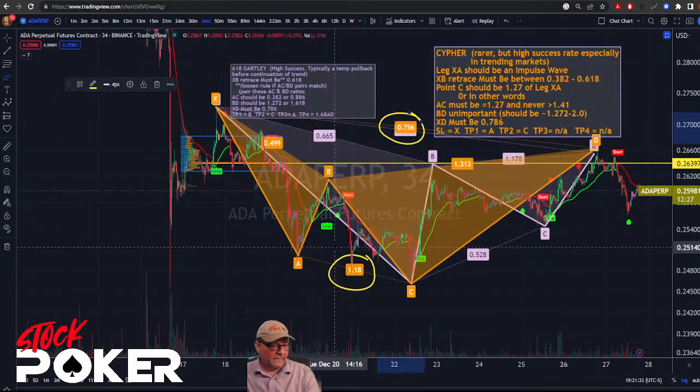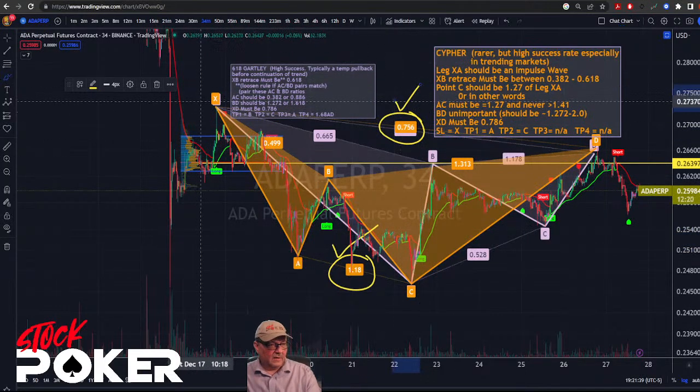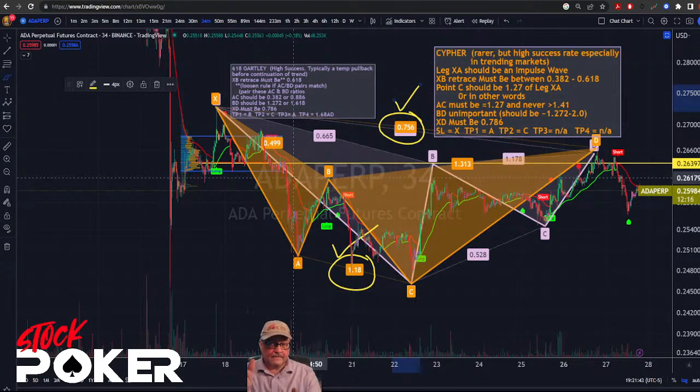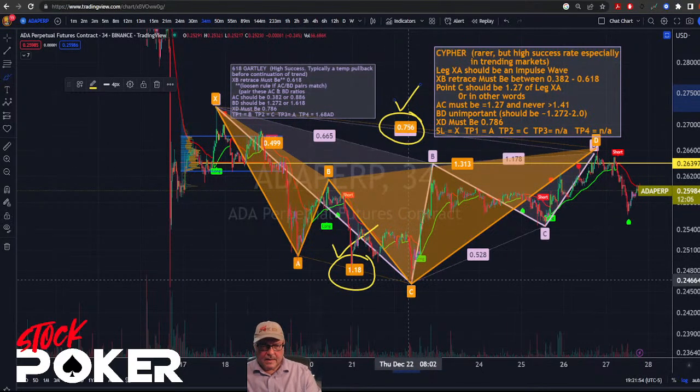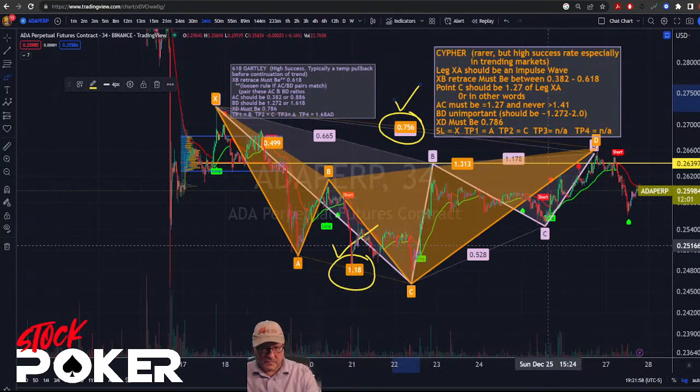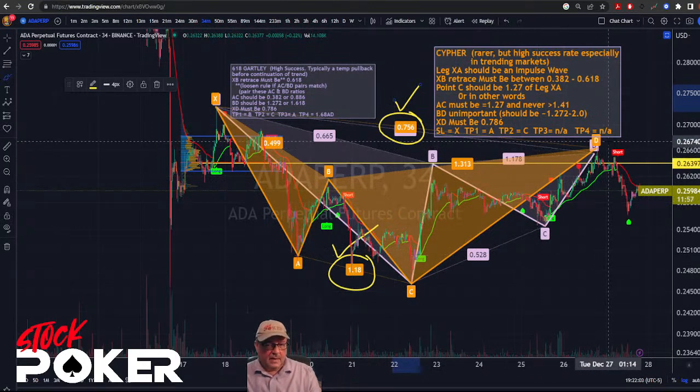As long as you have these two, the 1.27 and the 0.786, and as long as this first leg is between the 0.382 and the 0.618, or hopefully a fib level between those, then you have a Cypher. And the fact that we have a Cypher confirming our Gartley, which we also drew using some other points, to me, this is an obvious reversal coming down.